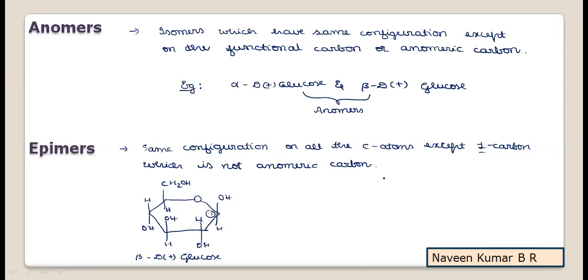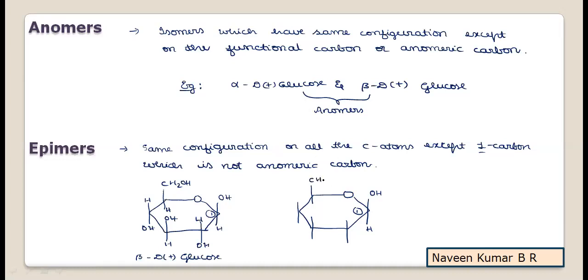Now observe one more structure that I am going to write. Carefully observe the structure and try to note the difference. The anomeric carbon atom should be the same, it should not change. Other than the anomeric carbon, the configuration on all carbon atoms is the same except in any one. So on these carbons 1, 2, 3, 4, if there is a difference in any one when compared, it is said to be an epimer.